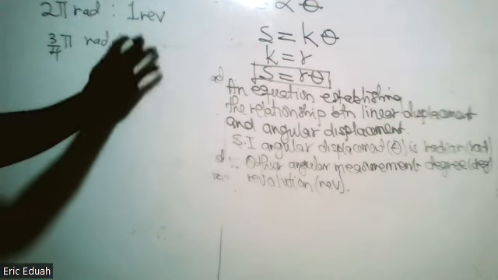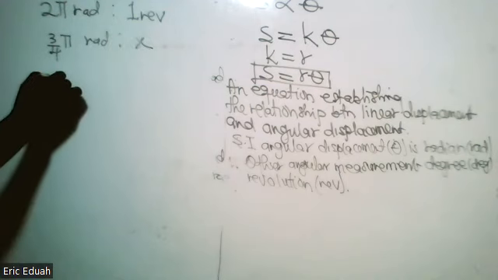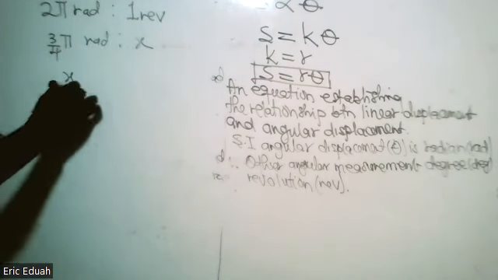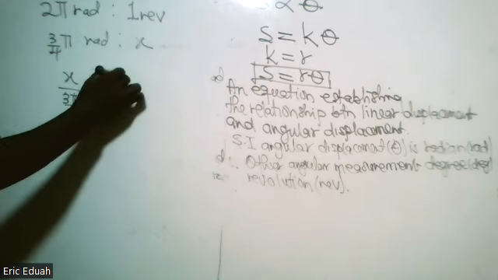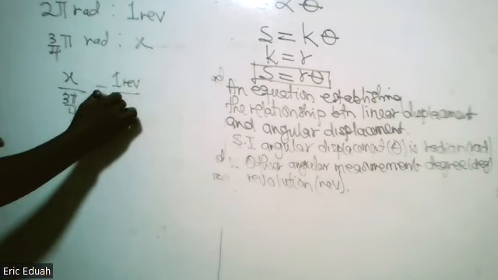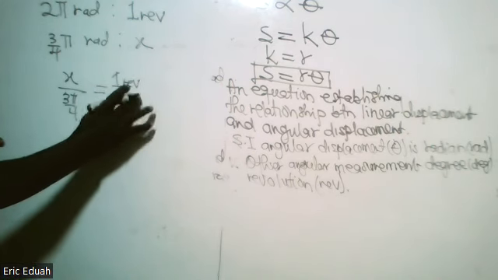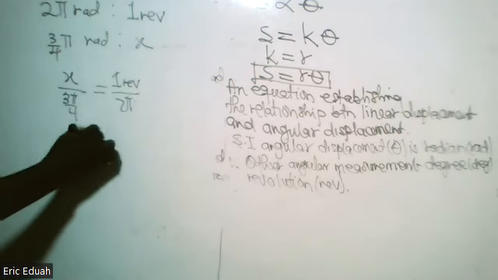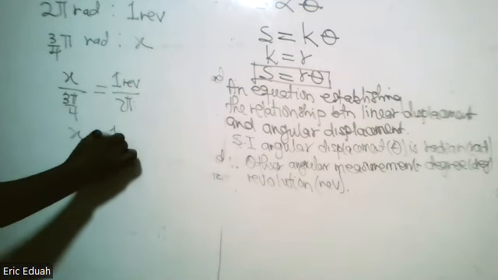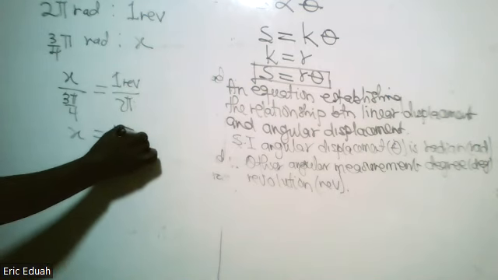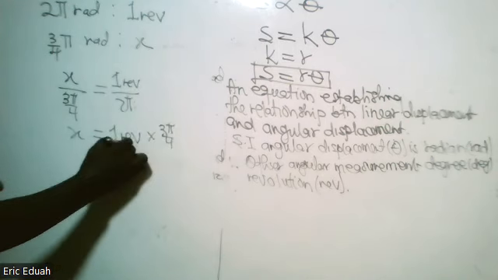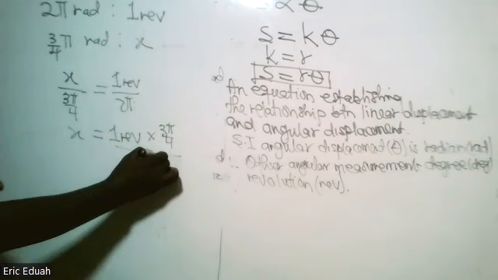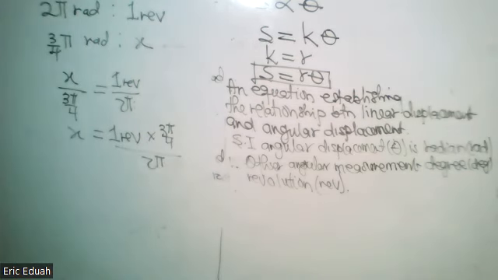So if we assume this is x, it means that x on 3 pi on 4 must be equal to 1 rev on 2 pi. X therefore is equal to 1 rev times 3 pi on 4 divided by 2 pi radian.